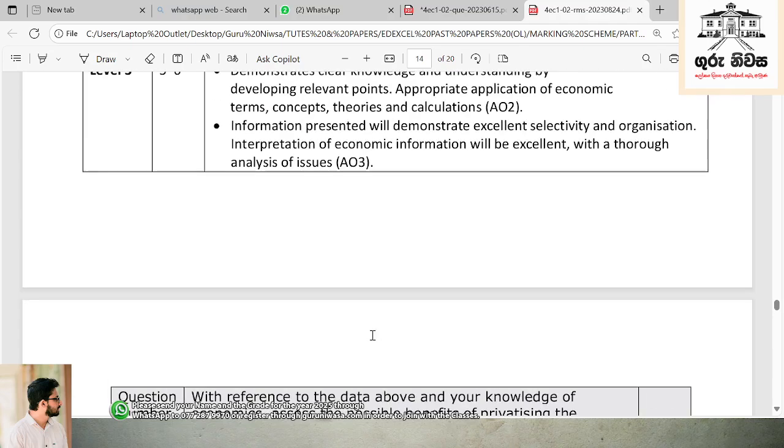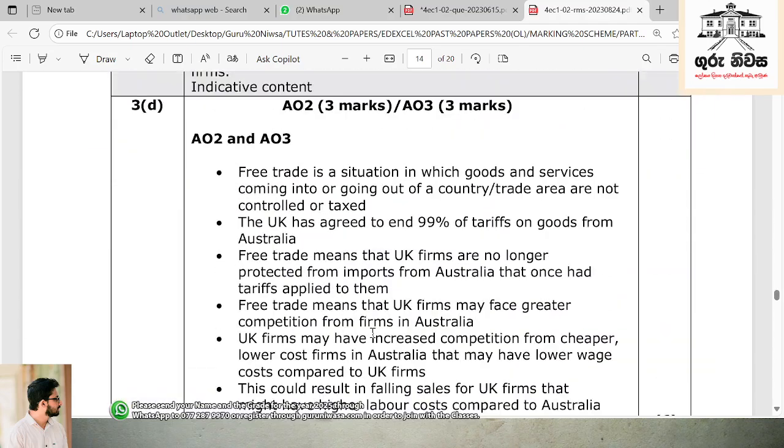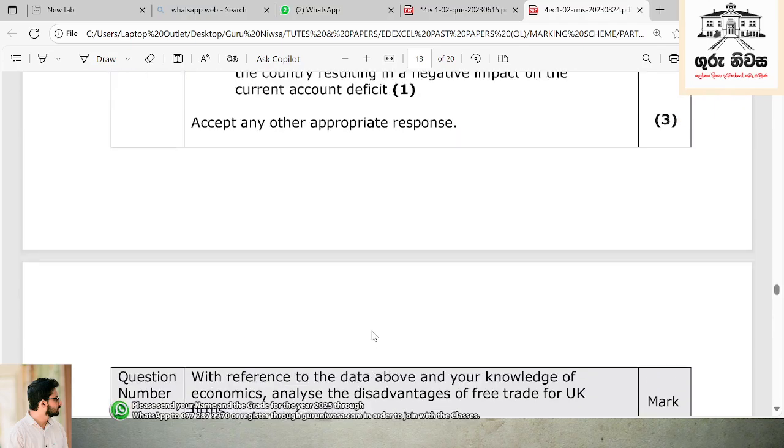Sir, do I have to type these in point form or like a small paragraph? Paragraph is okay.